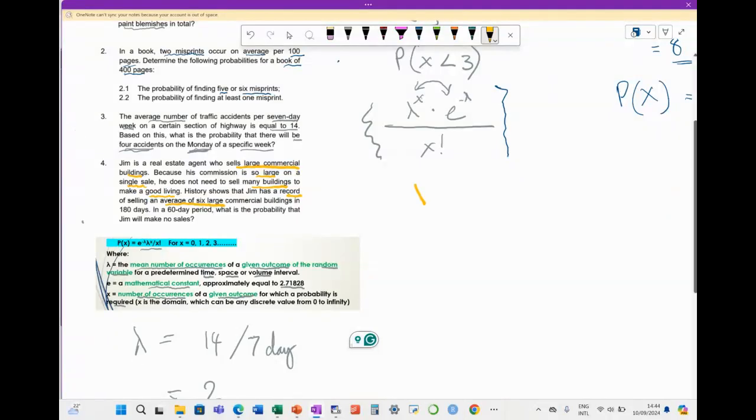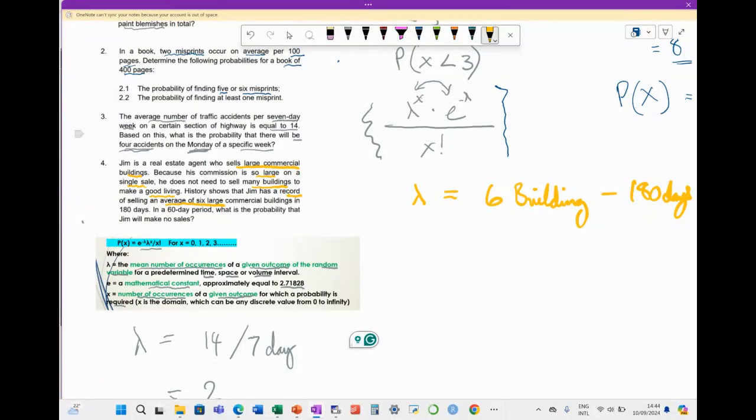So there's our average, our lambda. We are saying 6 buildings over 180 days.